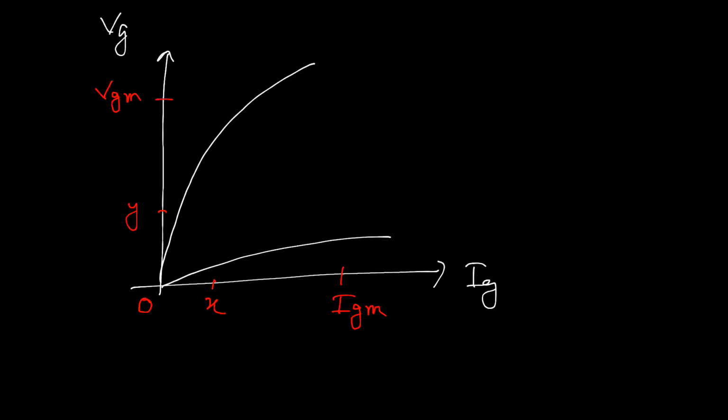So we should apply the gate current above OX, then the thyristor can be turned on. Similarly, in terms of gate voltage VG, OY is the minimum amount of gate voltage up to which the thyristor cannot be turned on. So we should apply the gate voltage above OY. Then the thyristor can be turned on.